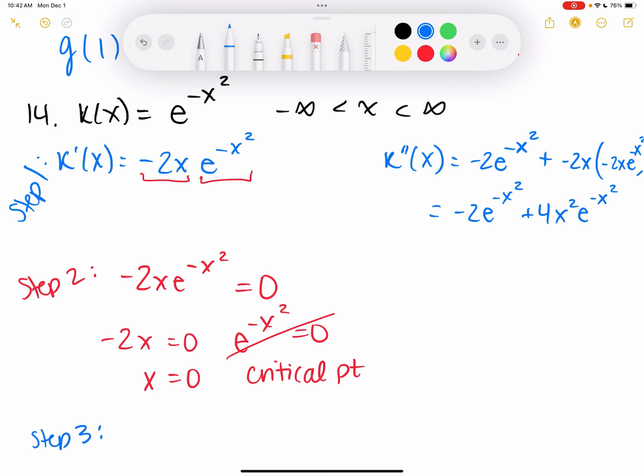So the first derivative, so k prime of 0 is equal to just 0, I guess, right? Equal to 0.